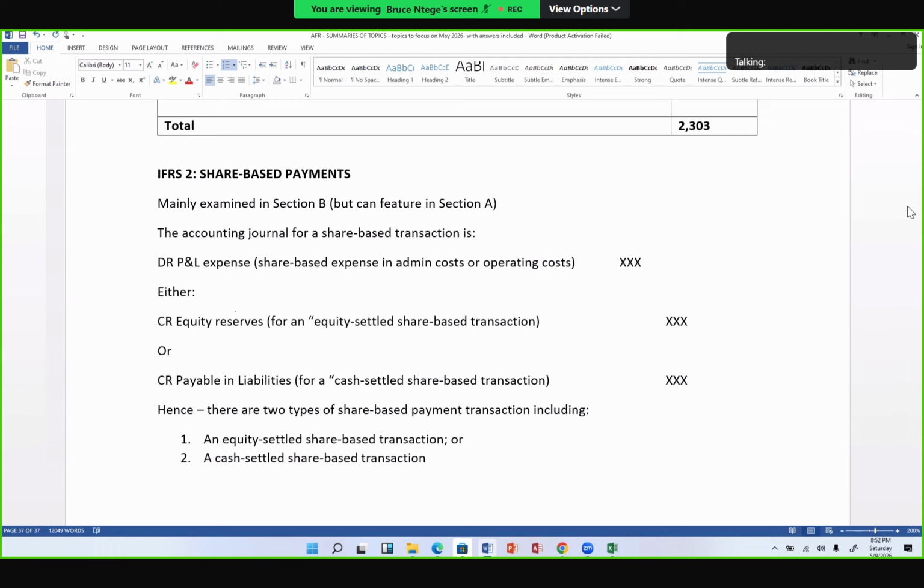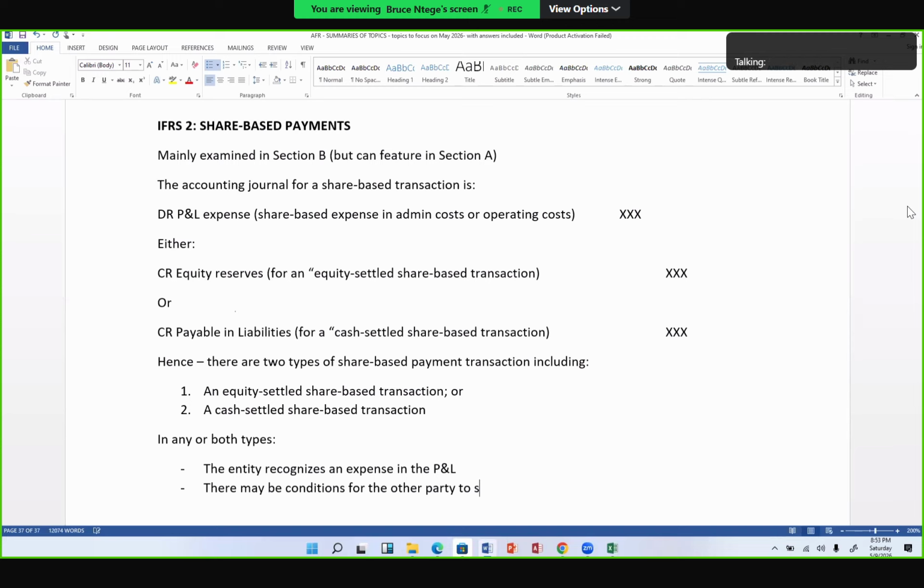There may be conditions that the other party must satisfy in order to qualify for this benefit. So these are what we call vesting conditions.